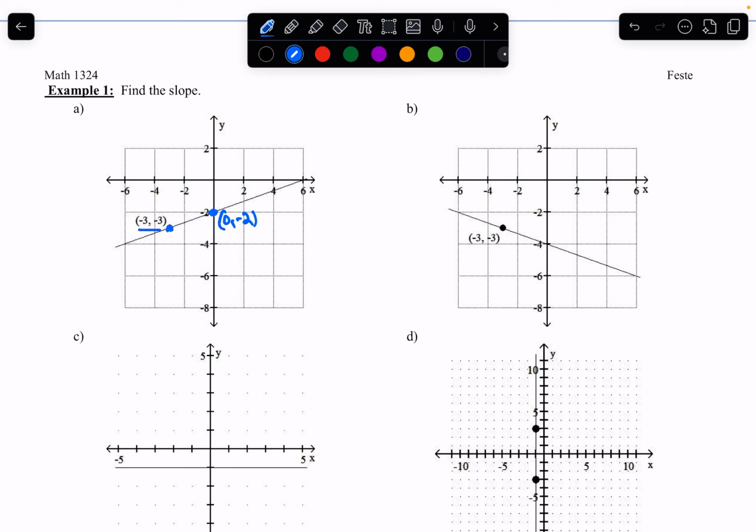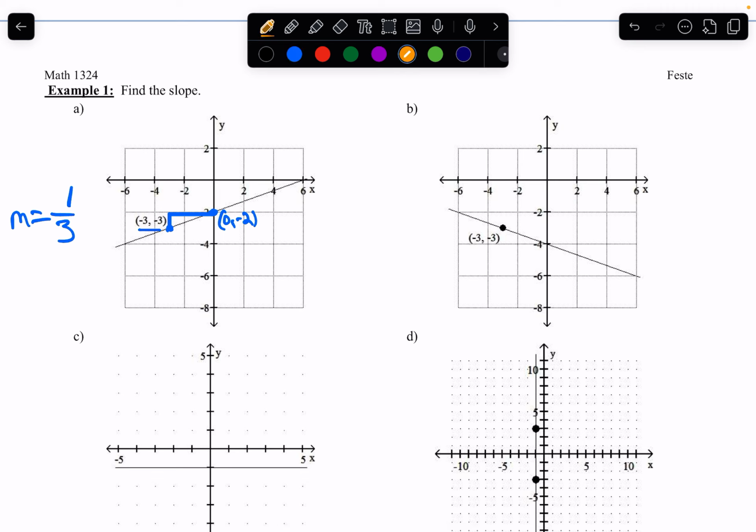So what we're going to do is go up. Rise is 1, and run to the right 1, 2, and 3. So our slope for this one is 1/3.